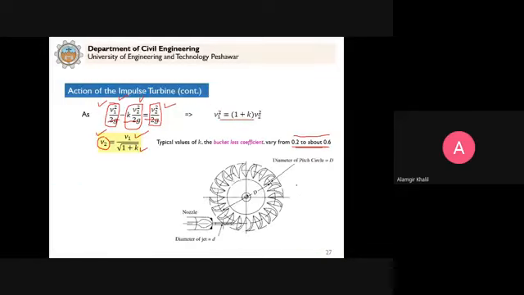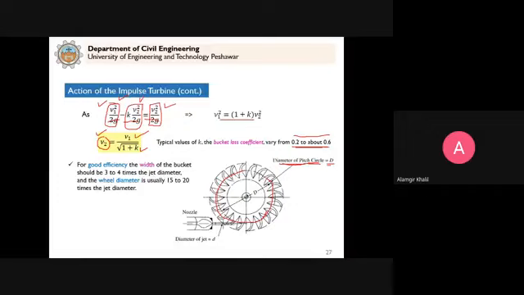Next we have this diameter. You will solve problems. So in the problem we will say diameter of the wheel or runner. What do we mean by the diameter of the wheel or runner? The diameter of the wheel or runner is a circle. This is a pitch circle to which the jet of water is tangent.